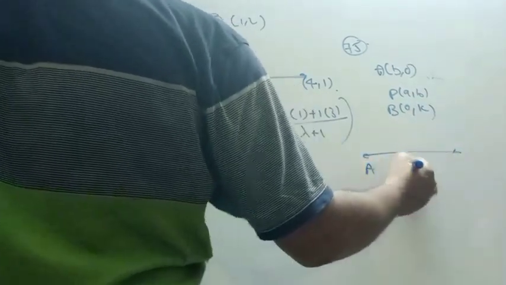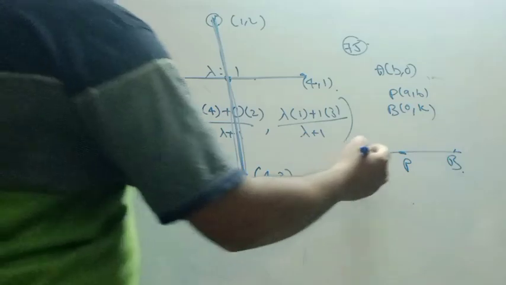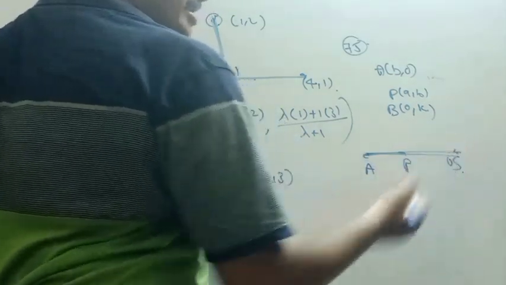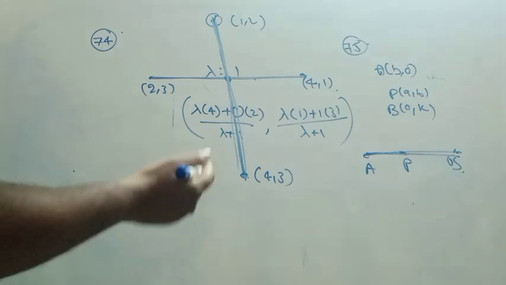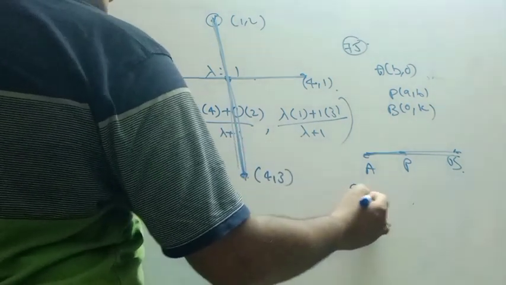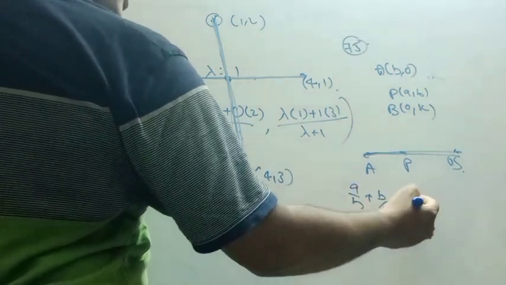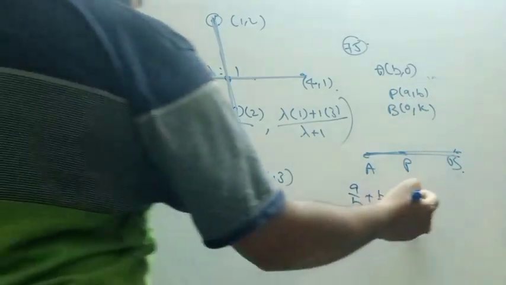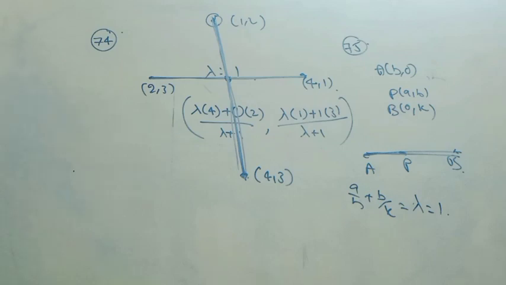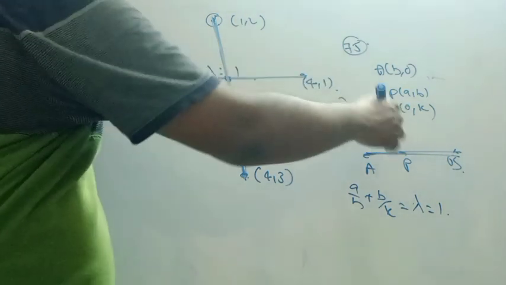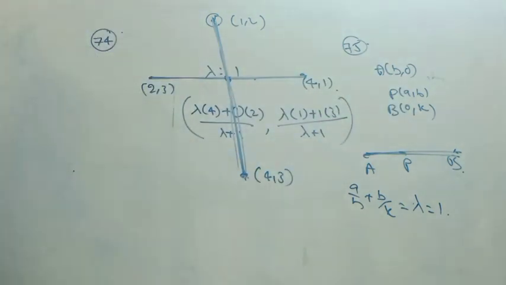You can use the slope of AP equal to the slope of AB, and you will get a condition, something like a by h plus b by k is equal to some value. I think it is 1. In this way you will get it, or you can find the area of the triangle, and from that also you will get it. In many ways you can do that.